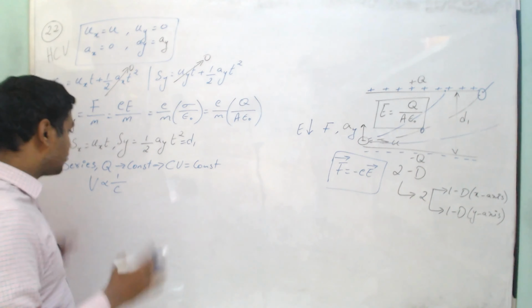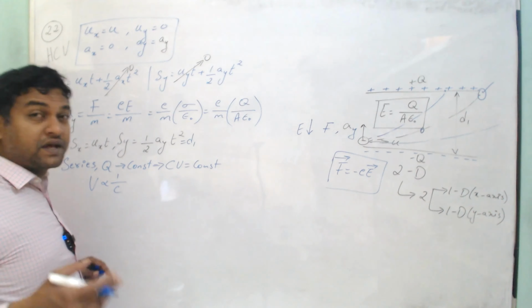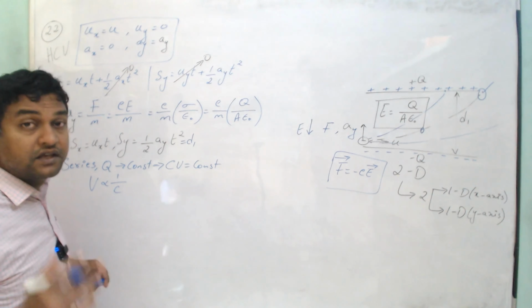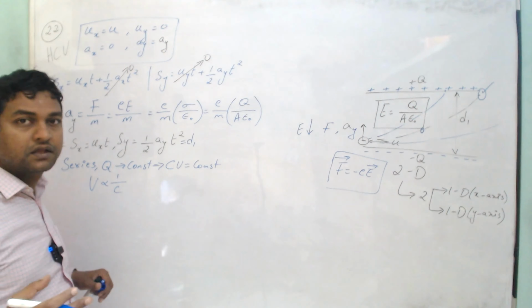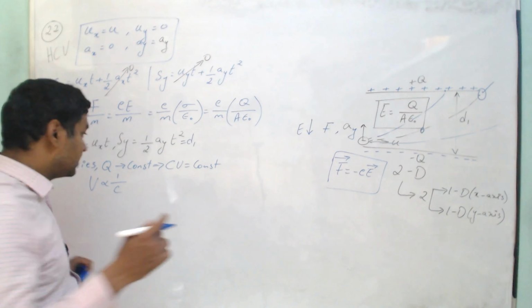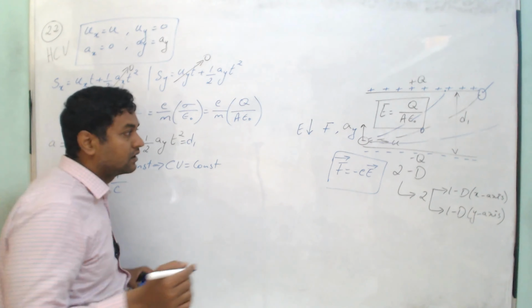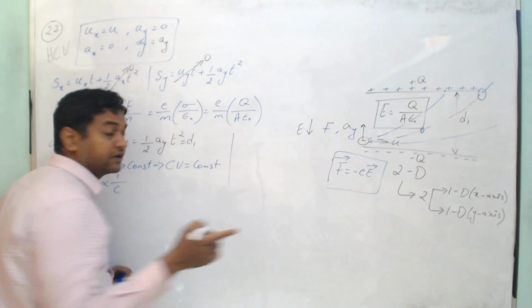But I am not stopping over here. My capacitance for a square plate is epsilon naught A by D. That is for a parallel plate, and these are also parallel plate capacitors.